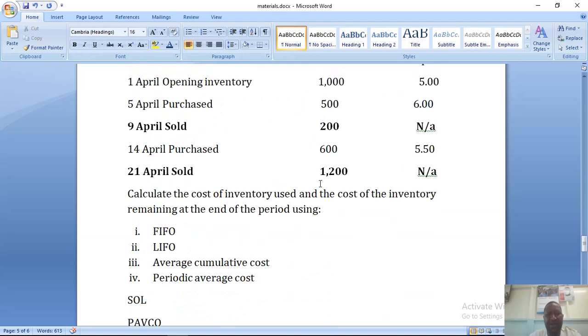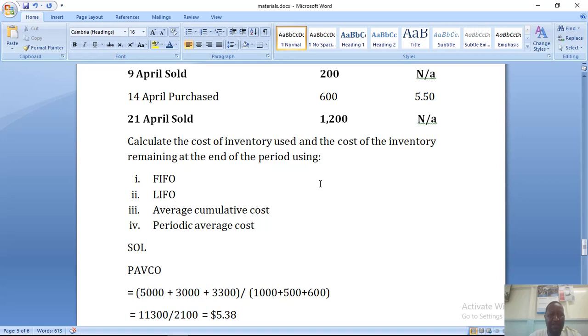Probably this is the simplest of the four methods. So we have inventory issued at different costs according to the inventory valuation methods, which are FIFO, LIFO, average cumulative cost, and the periodic average cost. Under FIFO, we assume that the inventory that came in first should be the first to be issued. Under LIFO, we assume that the inventory that came in last should be the first to be issued.